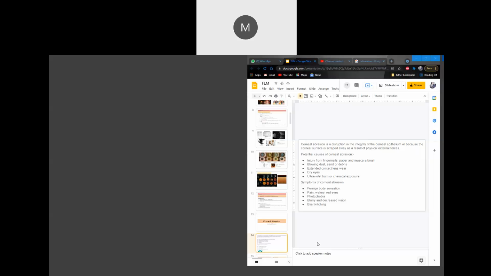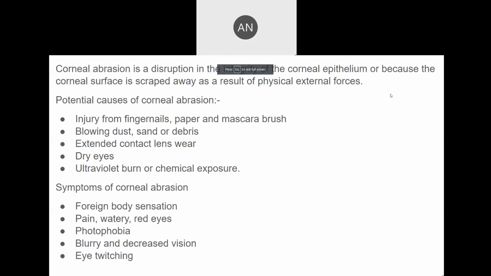For example, when we're rubbing our eyes with our hand, we can accidentally injure it with our fingernails, or from blowing dust, sand, or debris, or extended contact lens wear. Contact lens induced epithelial defects or direct trauma usually happens during lens removal, where sometimes a person's fingernails may slice the contact lens and accidentally injure the cornea when trying to remove it.